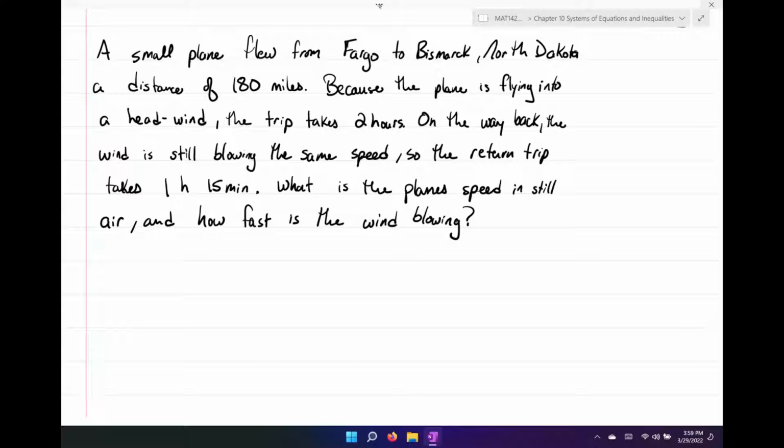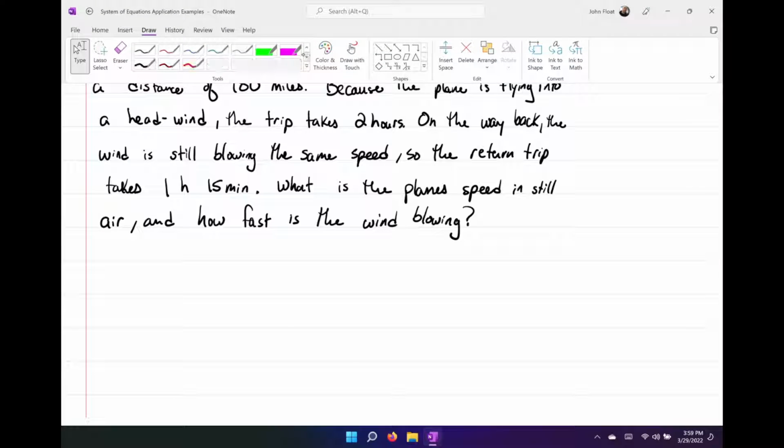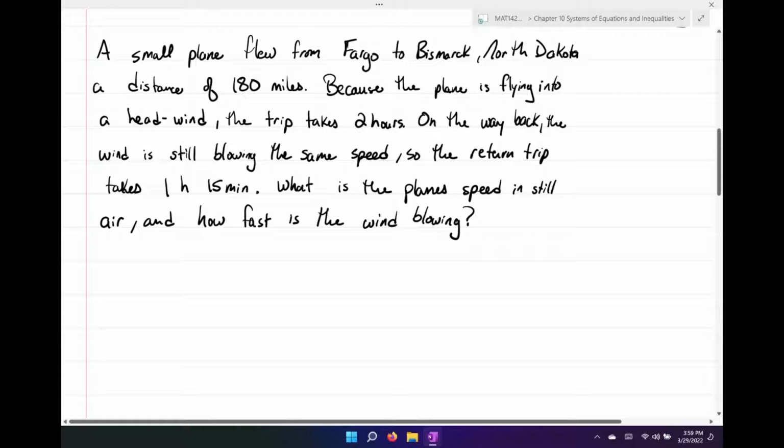All right. So in this problem here, we need to take a step back and think about what they are asking us for. That comes from the very last sentence. They want to know plane speed, and then they want to know how fast the wind is blowing. So we're going to let x equal the plane speed, and we're going to let y equal our wind speed.